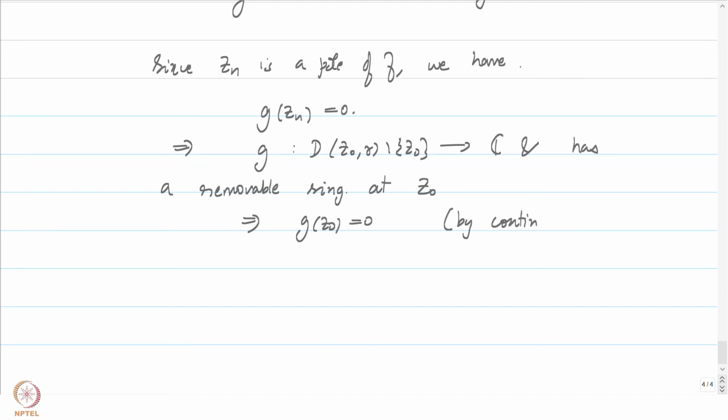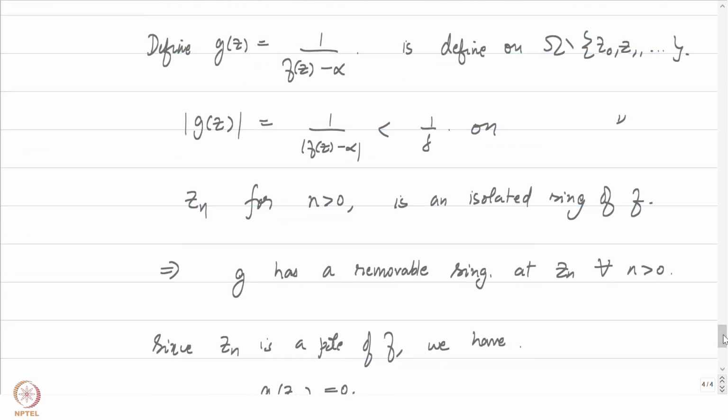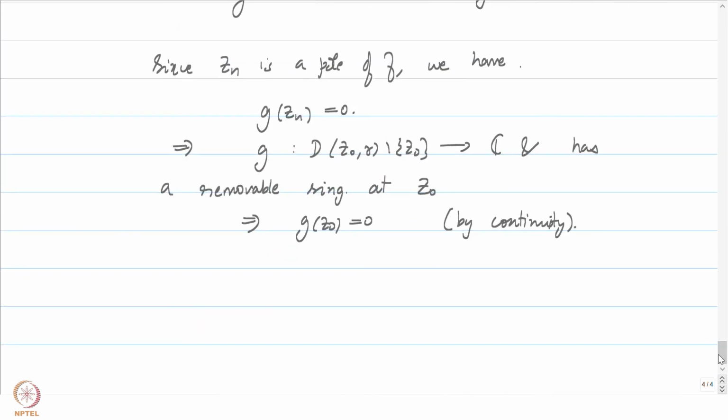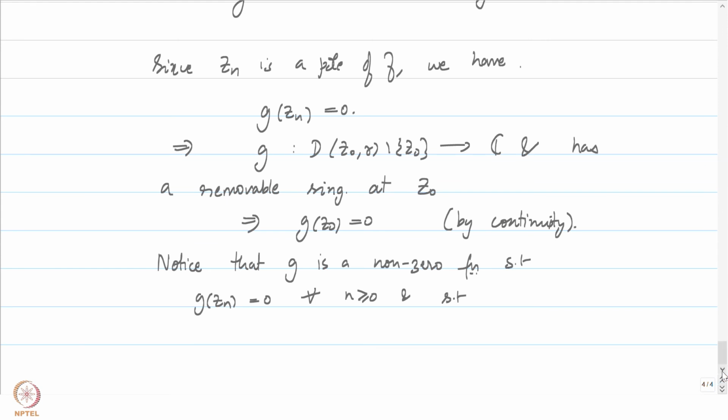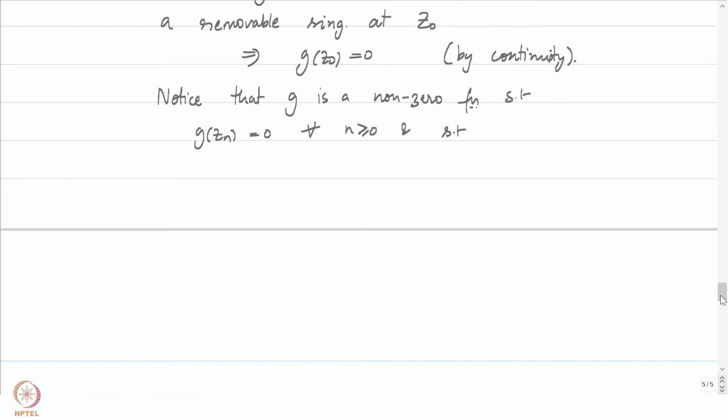But now we are facing a contradiction, namely that we have a function g which is not identically equal to 0 and such that its zero set has a limit point. Notice that g is a non-zero function such that g of zn is equal to 0 for all n greater than or equal to 0, and such that the set z0, z1, and so on has a limit point.